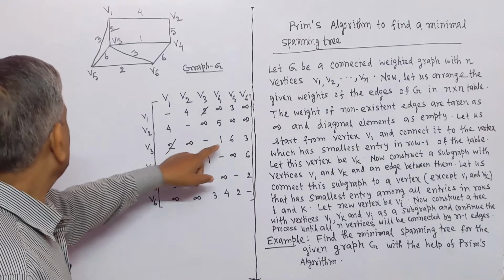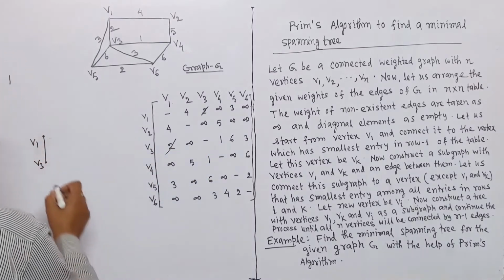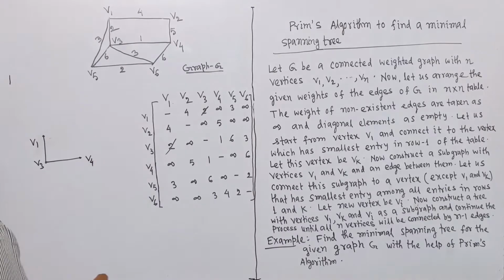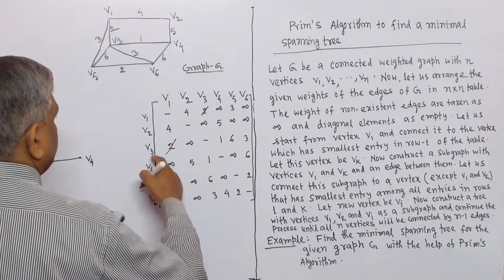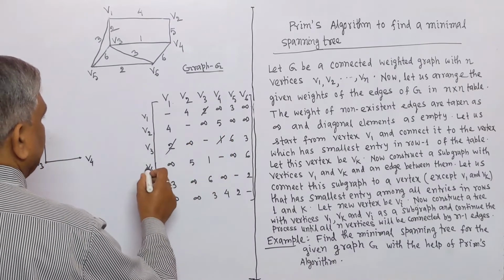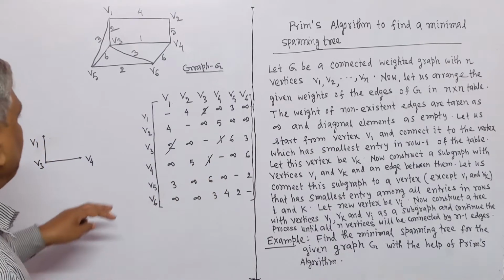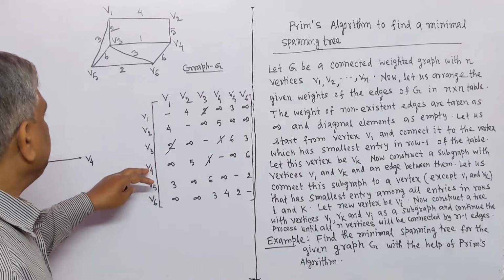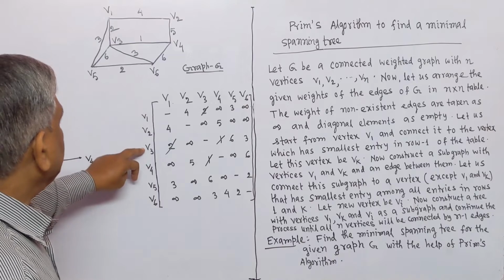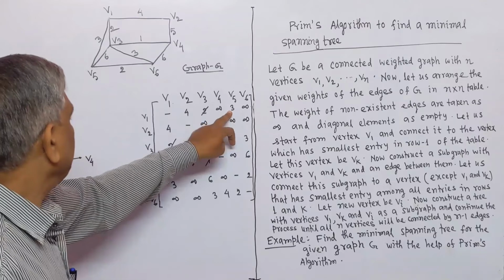That is V3, V4. Now we connect V3, V4. V3, V4 has weight 1 and V4, V3 also has weight 1. We cancel this. Now we find the smallest weight in V1, V3 and V4. Here we see the smallest is 3.